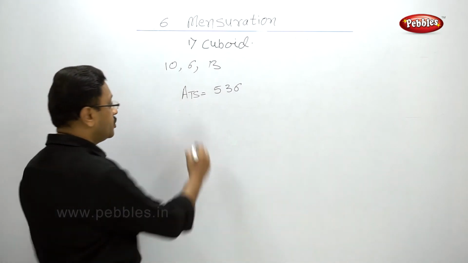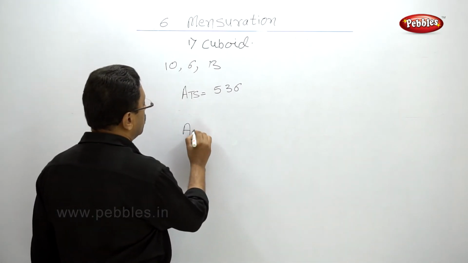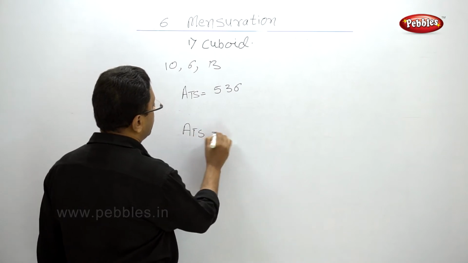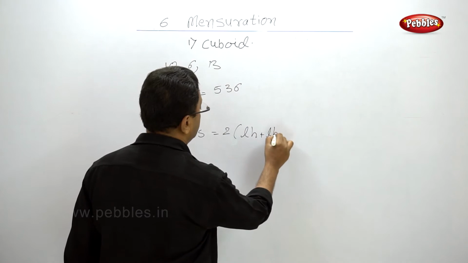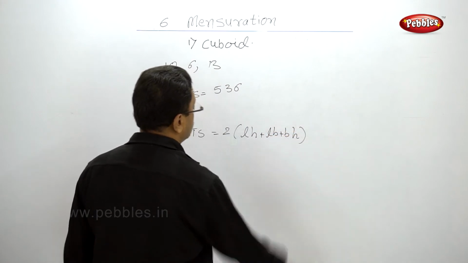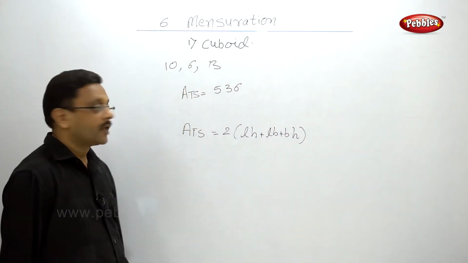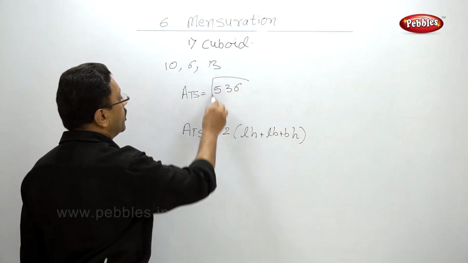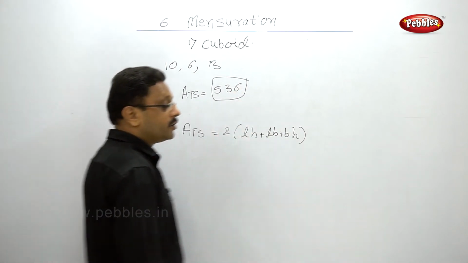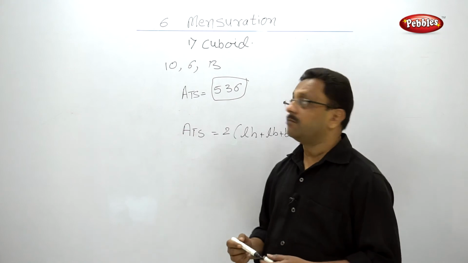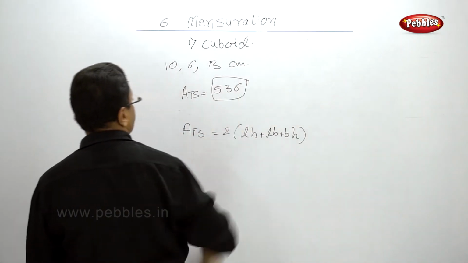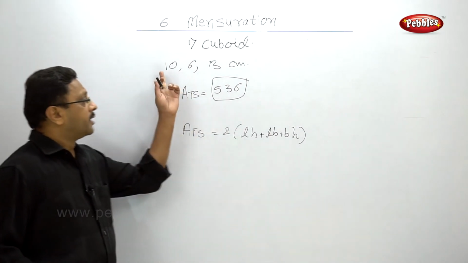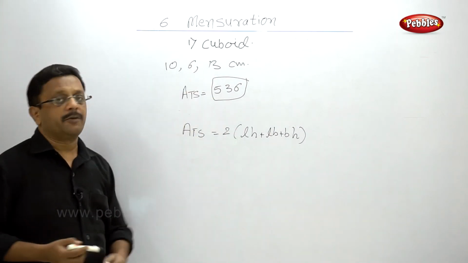Which formula did you use? The formula for total surface area, 2 times (LH plus LB plus BH). If you have got this answer, mind well, here all are in centimeters: 10 centimeter, 6 centimeter and 13 centimeter.